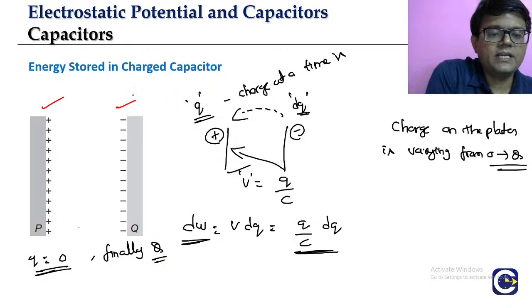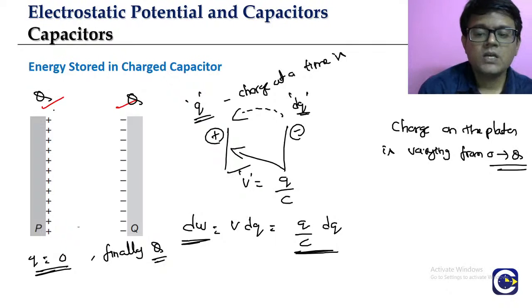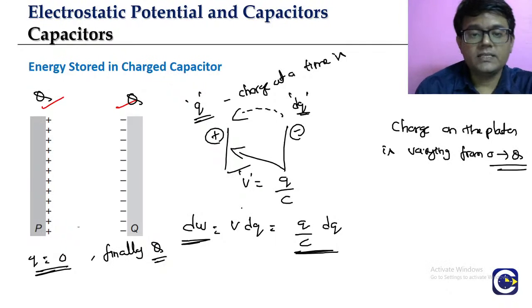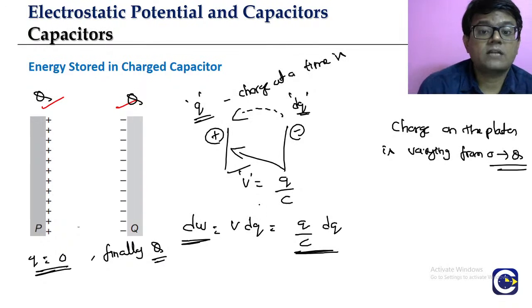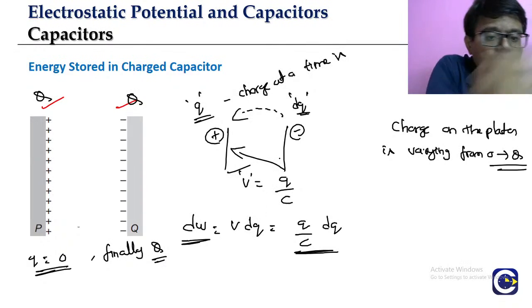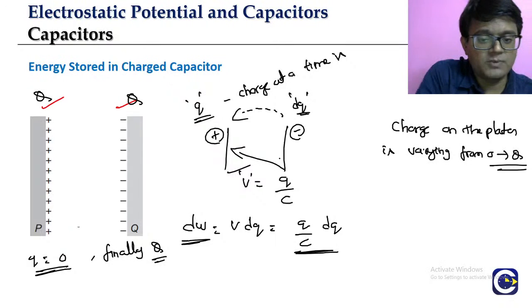Finally this plate will have minus capital Q and this plate will have plus capital Q. For achieving this charge we are moving charge from one plate to the other, so we have to do work. We are going to calculate the total work that we are doing.